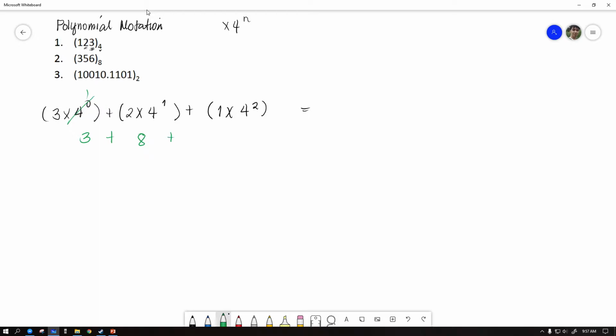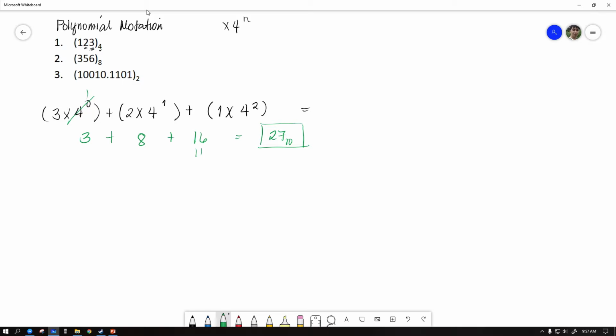And then plus 4 times 4 is 16, right? 16 times 1. So its decimal value is 3 plus 8 is 11, 11 plus 16 is 27. So your answer is 27 base 10.